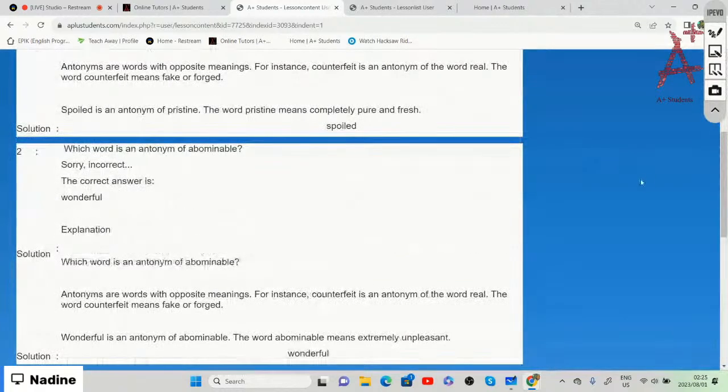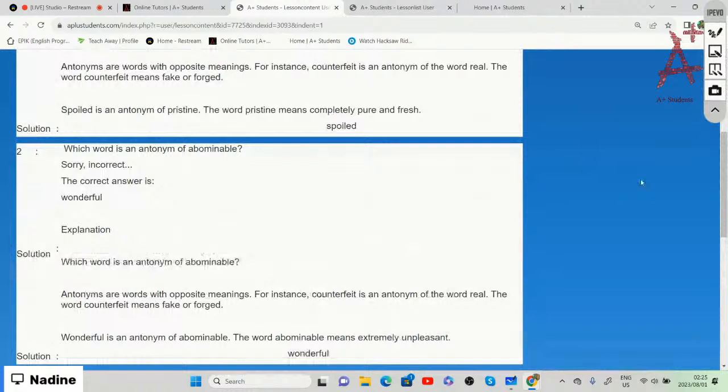All right. We need to find the antonym of abominable. Abominable means extremely unpleasant. Not even just unpleasant. They're putting emphasis on extremely unpleasant.